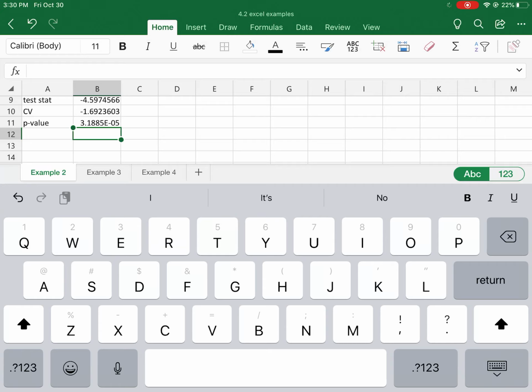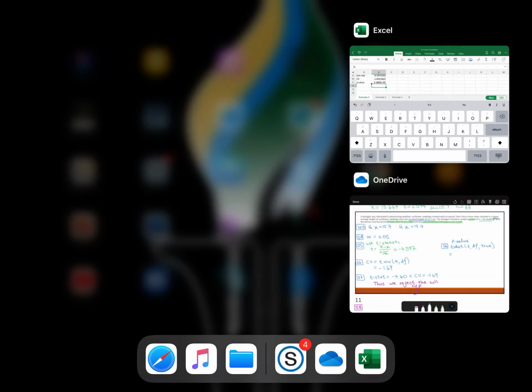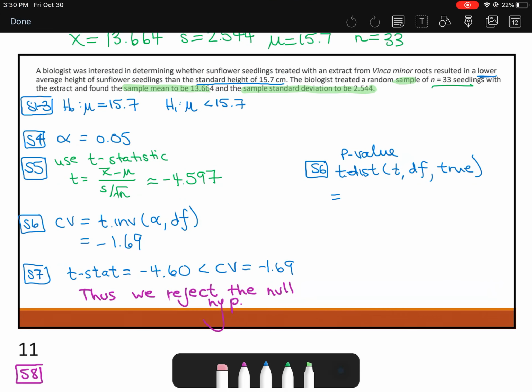Okay, so I get 3.1885 e to the negative 5. So again, remember that means it is a very small number. It's written in scientific notation. That negative 5 means I'm moving the decimal 5 places to the left. So this is equal to 0.0000318. So as you can tell, it is a very small number.